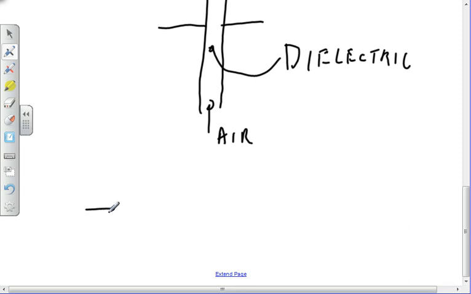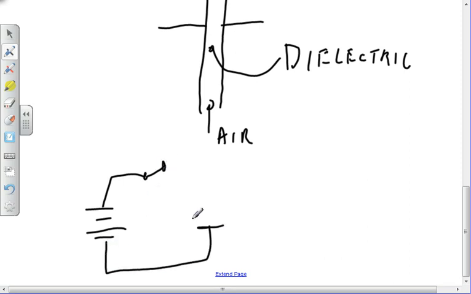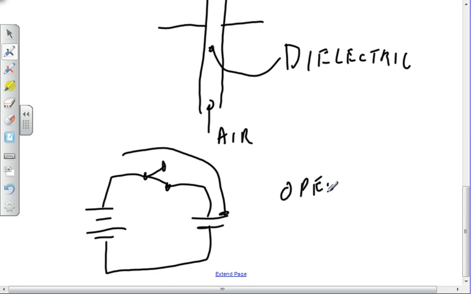So I've got some battery, some switch, and some capacitor. I close the switch, and now my charge flows into the capacitor. The capacitor is an open to DC current.